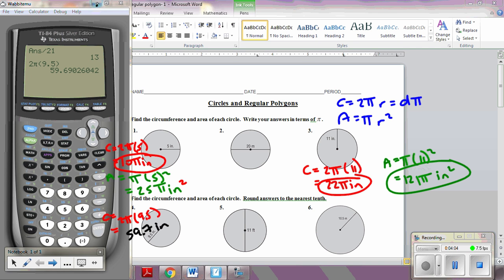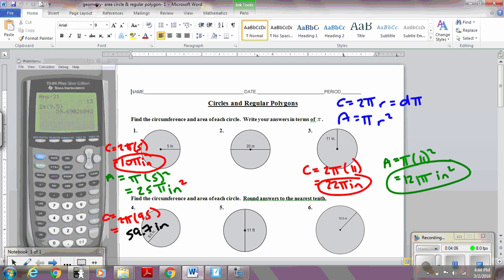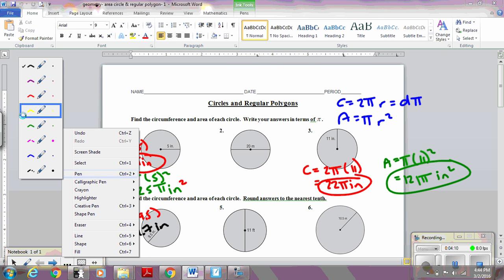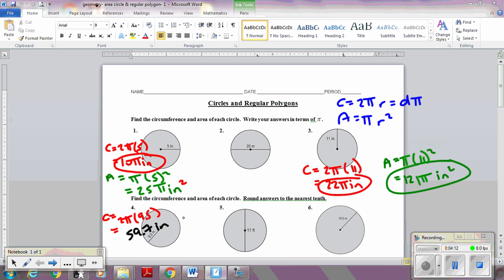Now for the area. Again, the area is pi times radius squared.